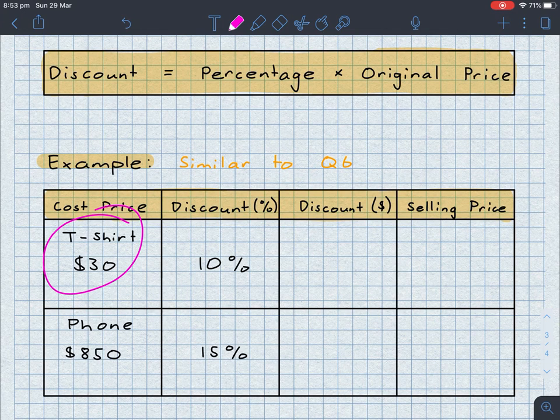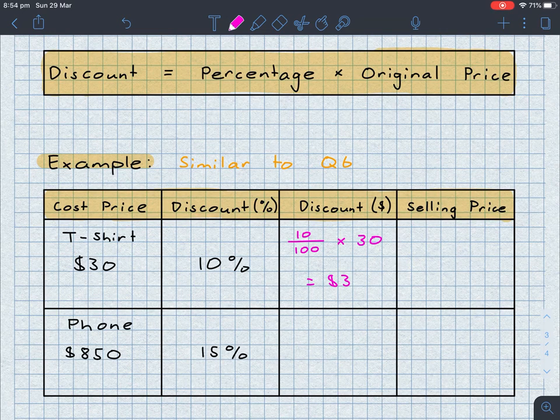So here we have a t-shirt that's worth $30, and the shop has a 10% off sale. So all I'm going to do is multiply to work out what the discount is. So I do 10%. Now in my calculator that goes in as 10 out of 100 because a percentage is out of 100. And I'll times it by that $30. And 10% of $30 is $3.